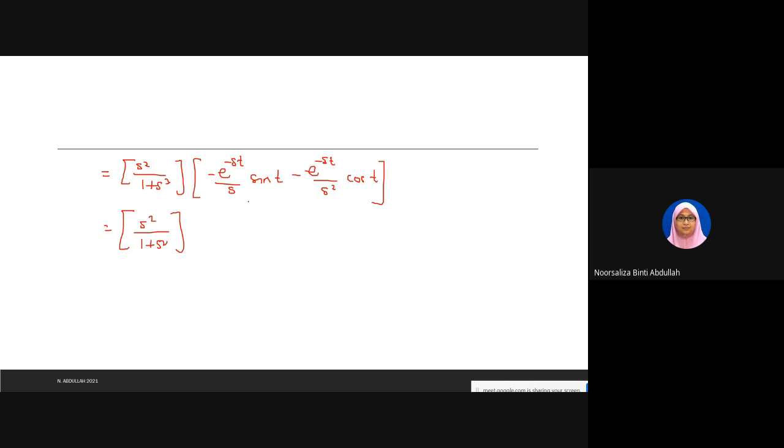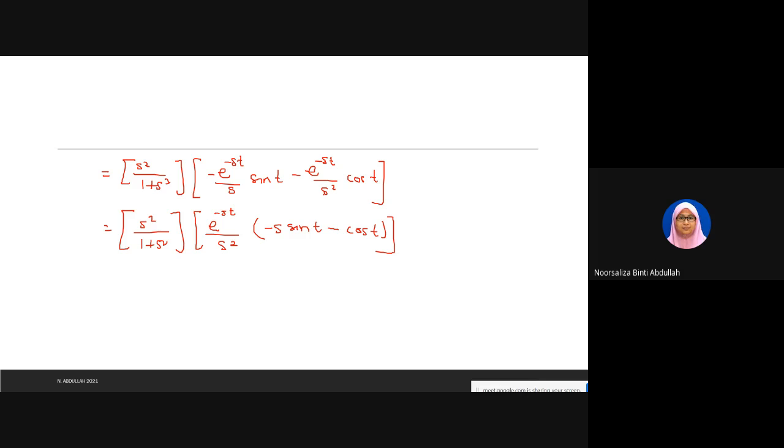Okay. Ini kita faktor keluarkan exponent minus ST over S square. Bila you keluarkan S square, you kena darabkan dengan S dekat sini. So, now you have negative S sin T minus cos T. Okay, because kita keluarkan S kuasa 2.